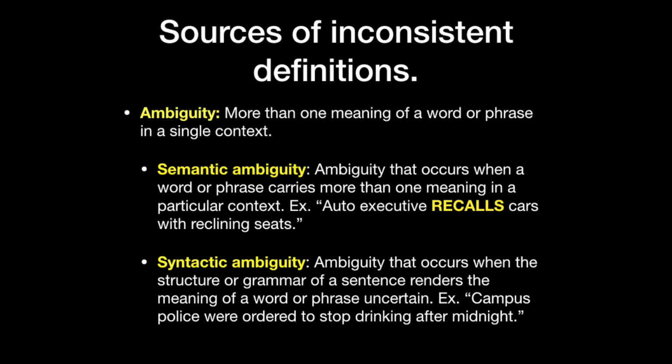And then there's this idea of syntactic ambiguity. Syntactic ambiguity: ambiguity that occurs when the structure or grammar of a sentence renders the meaning of a word or phrase uncertain. The example here: campus police were ordered to stop drinking after midnight.